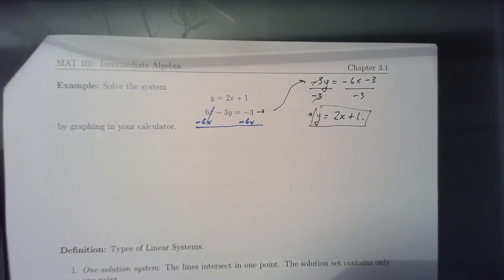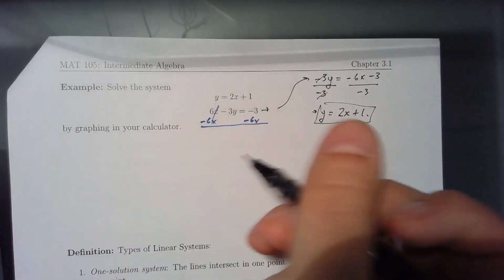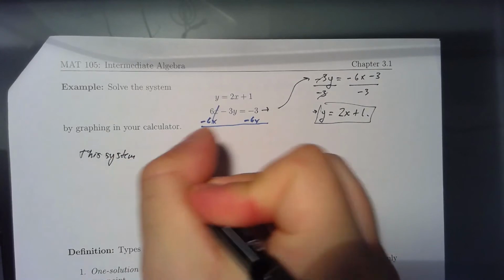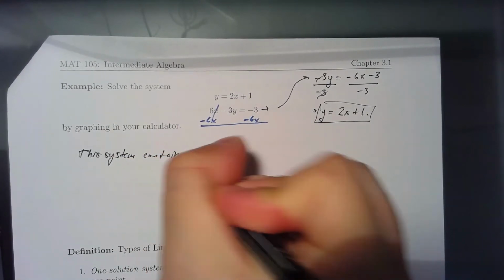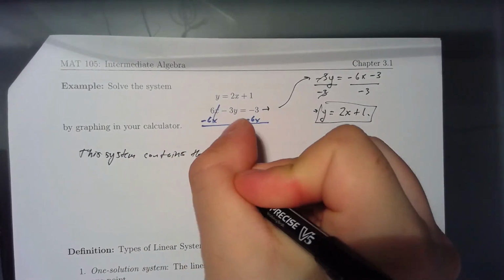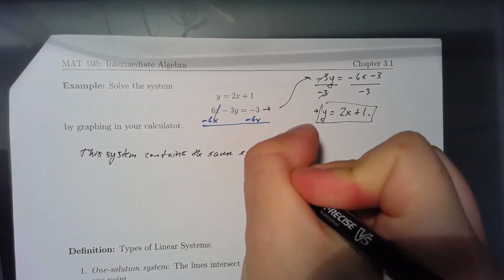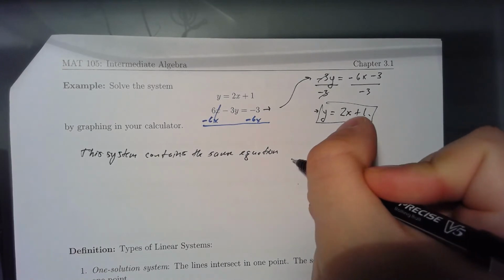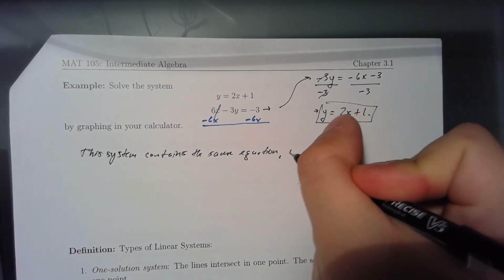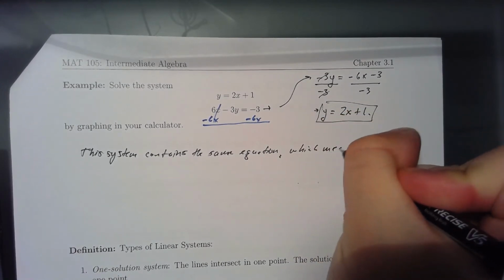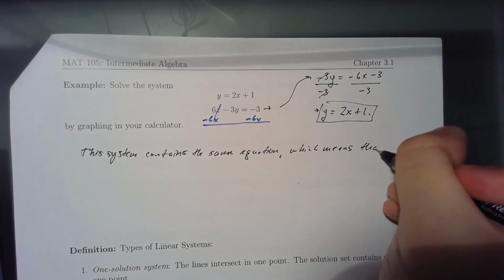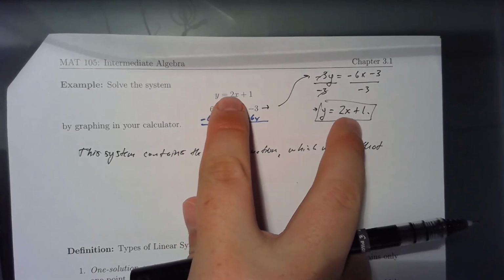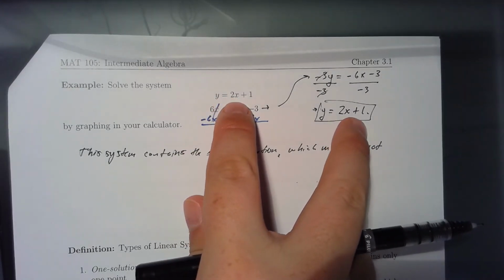So this system contains the same equation, which means that, if this system contains two equations, then how many ordered pairs do they have in common?